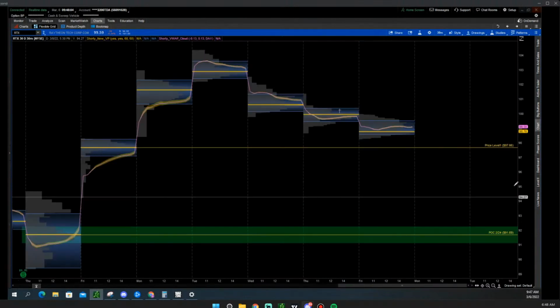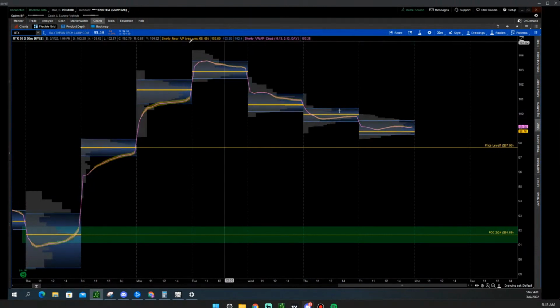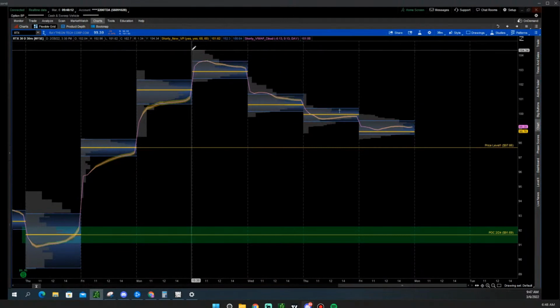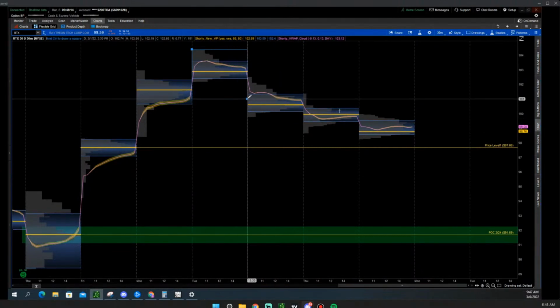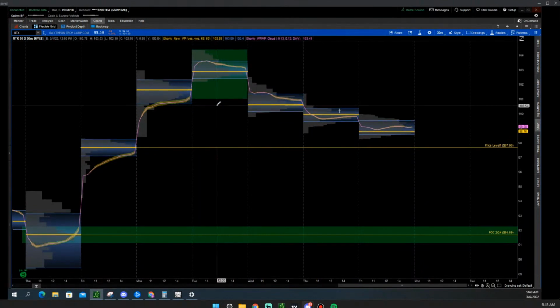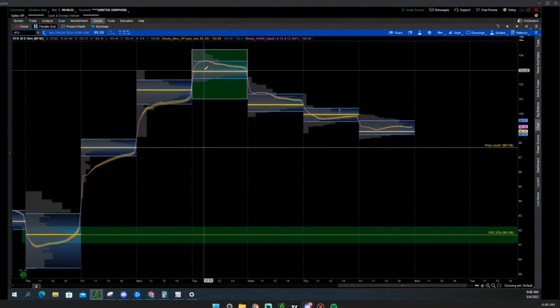Sometimes the whole area of a volume profile matters. If you're not familiar with volume profiles, each section you see here is one day of volume profile. What this tells me is where the price was and where the highest volume traded.